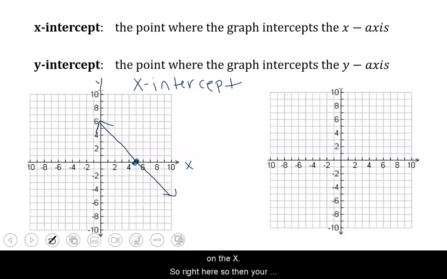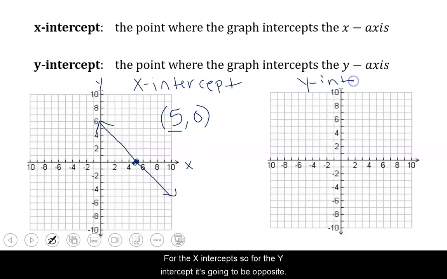So right here. Then your answer would be the x-intercept is (5, 0). If you notice, for the x-intercept, the number is in the x place, and the 0 will always be y. So for the y-intercept, it's going to be opposite.